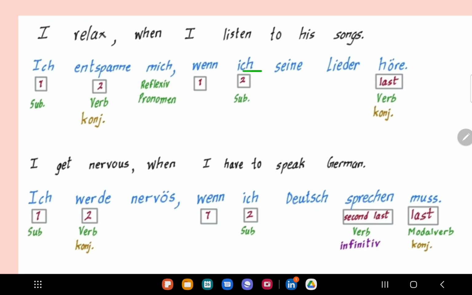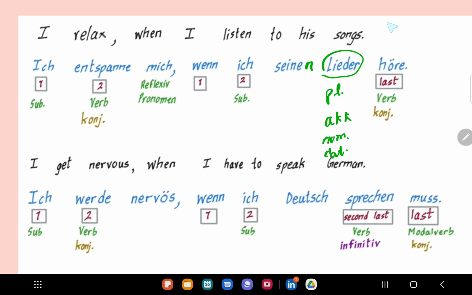So hören conjugated for ich becomes höre. And then you have the object Lieder, seine Lieder. Seine because it is plural and accusative. It would have been seine also if it was nominative, but here it is accusative. If it was dative, it would have become seinen.